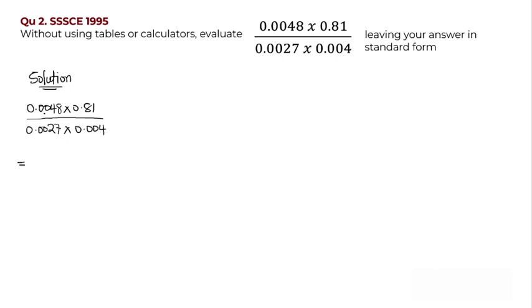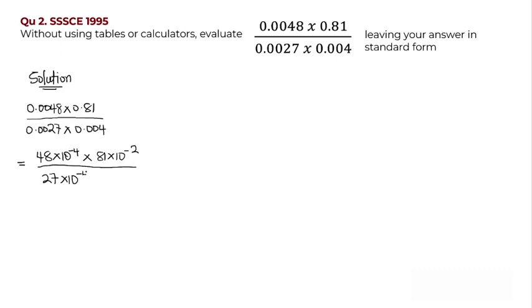We do that by moving the decimals a couple of times. So over here we move it 1, 2, 3, 4 to get 48. So we have 48 times 10 raised to the power of minus 4 at the top. Then multiplied by 81 times 10 raised to the power of minus 2, as we move the decimal 1, 2. All divided by 27 times 10 raised to the power of minus 4, as we move the decimal 1, 2, 3, and 4.